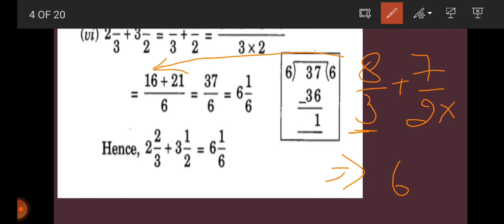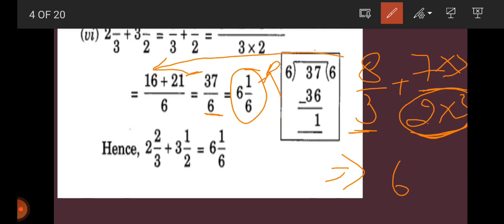And 2 to 6, so I multiply by 3, numerator and denominator both, so here it is 21. 16 plus 21 is 37 by 6, the denominator stays as it is. We convert this into a mixed fraction: we divide, the remainder is always the numerator, the denominator stays, and the quotient is 6.